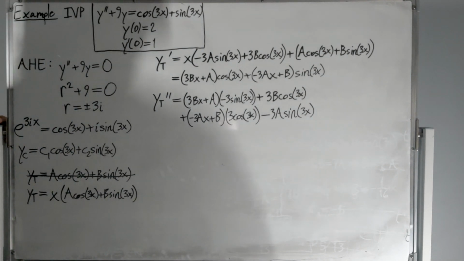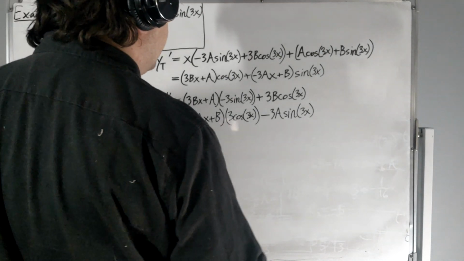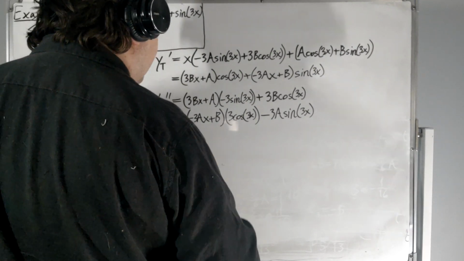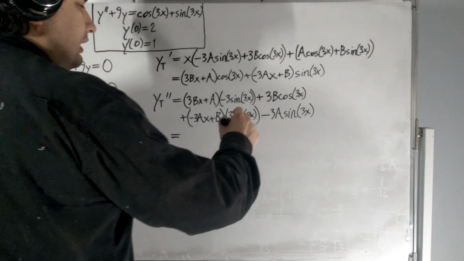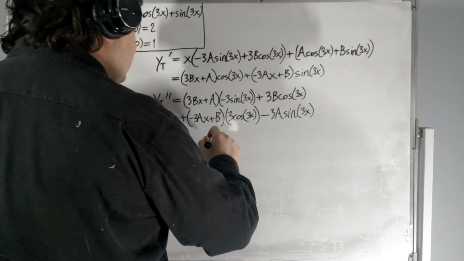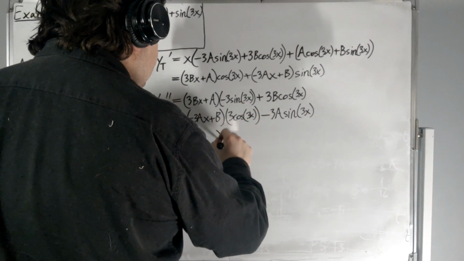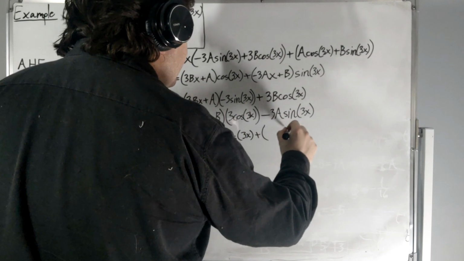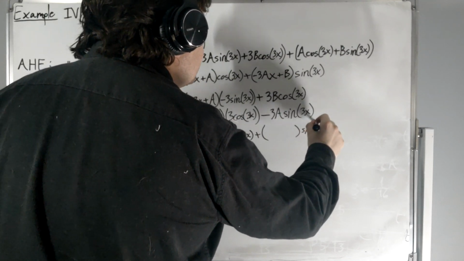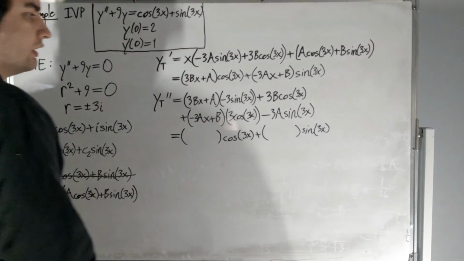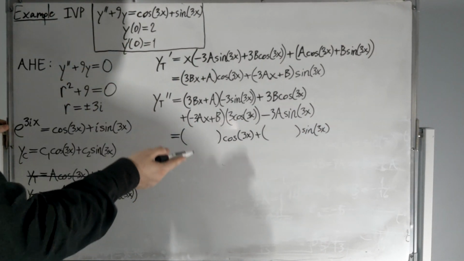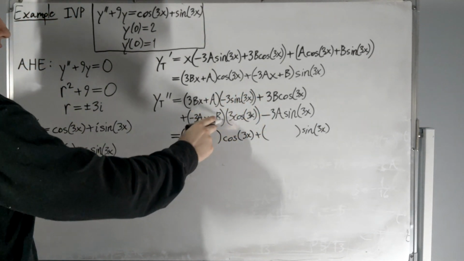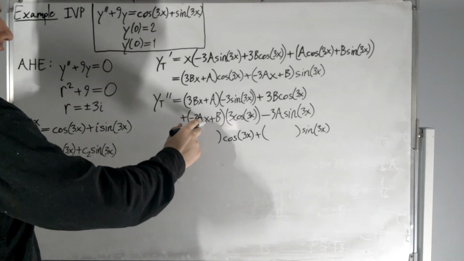Okay, and once again, because we're going to use this later, let's combine some like terms so that we can make it easier to work with. We have something times cosine of 3x plus something times sine of 3x. The something multiplying cosine of 3x is 3b plus another 3b minus 9ax.